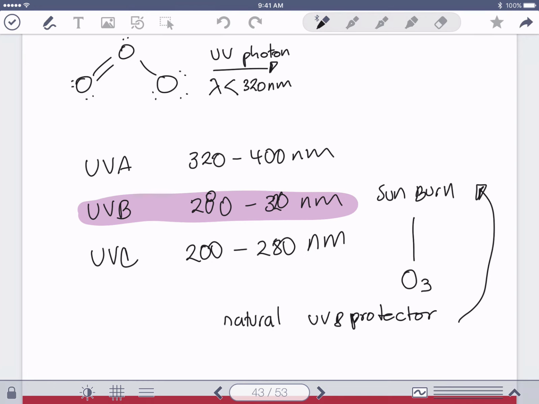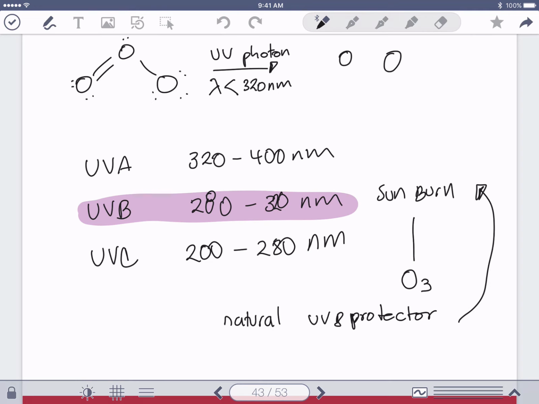So now what does it do? Under the presence of these UV rays, the ozone molecule is broken, one of these bonds is broken, and we form oxygen that is bonded with another oxygen atom.